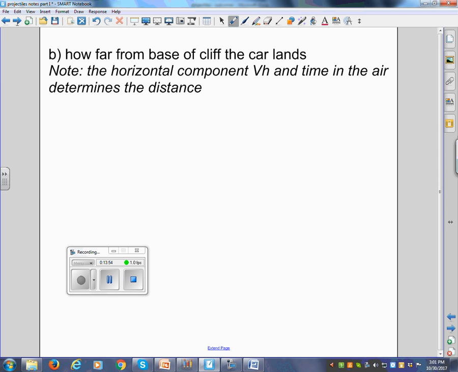Now, how far from the base of the cliff does the car land? We're talking about this distance here, right? How do you figure out DH? We did it in the first question with the bullet.